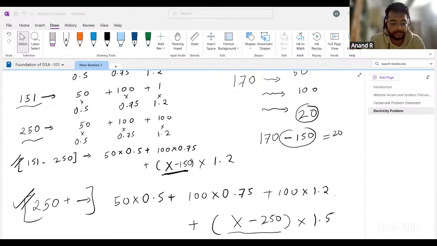Cool. Let's move ahead. If it's greater than 50 and if it is less than 250, so cost will be 50 into 0.5 plus for 100 into 0.75, plus for the remaining units x minus 150 into 1.2.